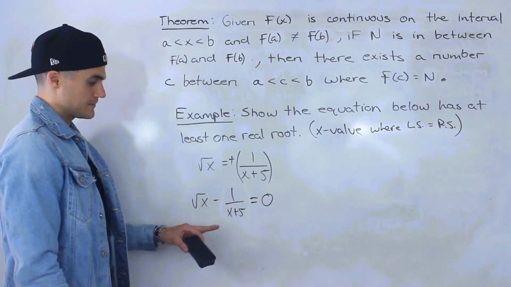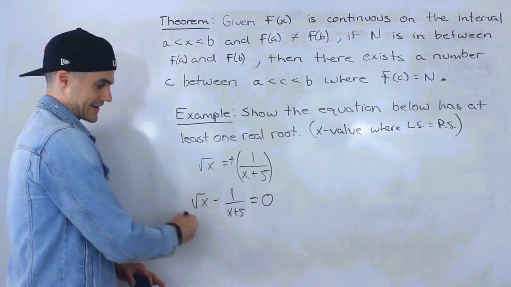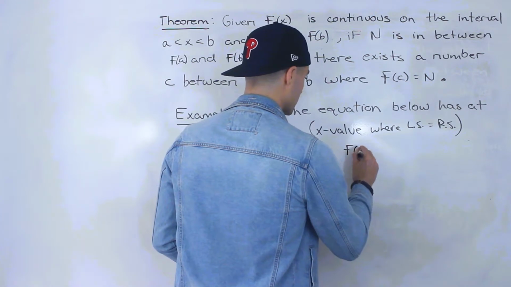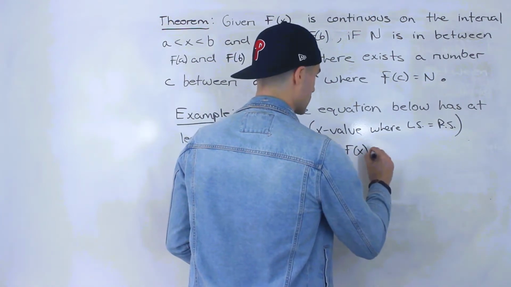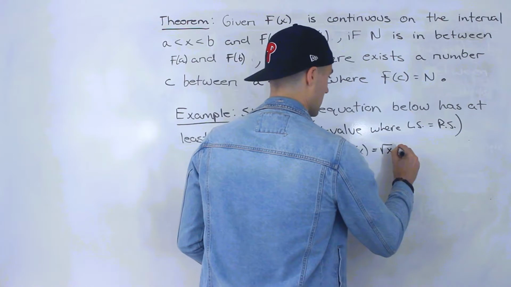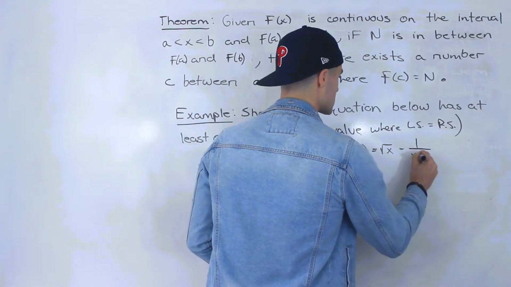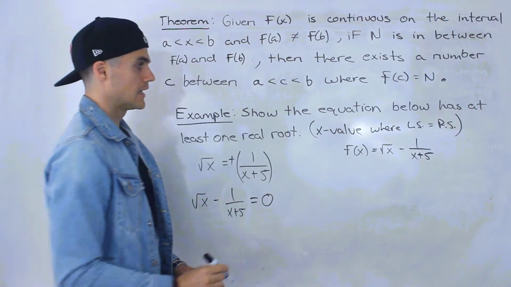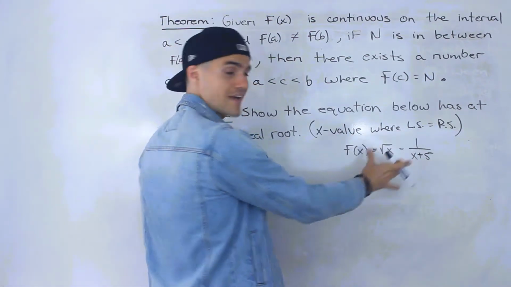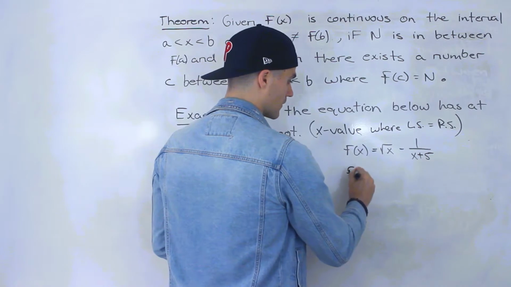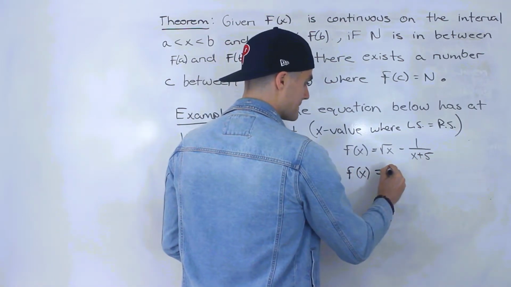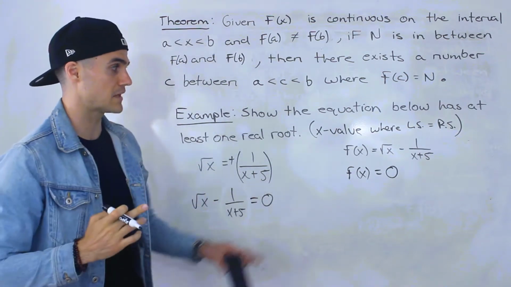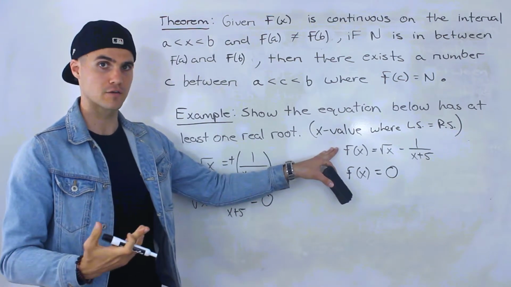So what we do then is we let this expression on the left side equal a function. We've got f of x equals the square root of x minus 1 over x plus 5. And what we've got to do is show that there's some x value that's going to make the function equal to 0, that's going to make this function have a y value of 0.